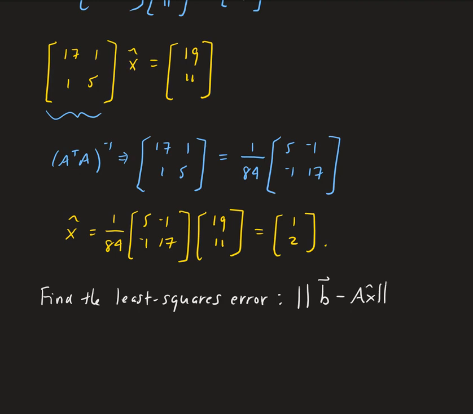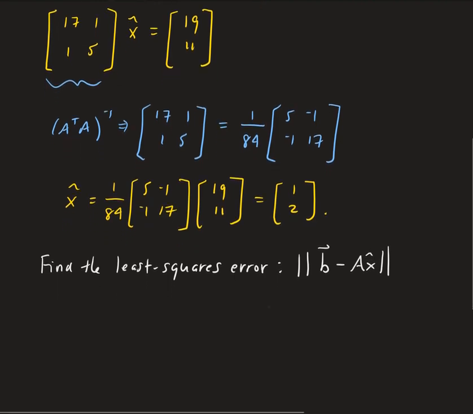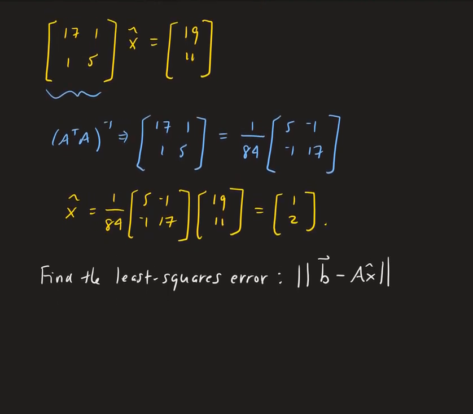So we're going to take the norm, the length of this vector. If you remember from the previous videos, this is the z component, so this is in the orthogonal complement of the column space of A.